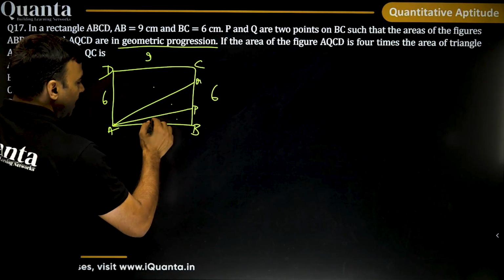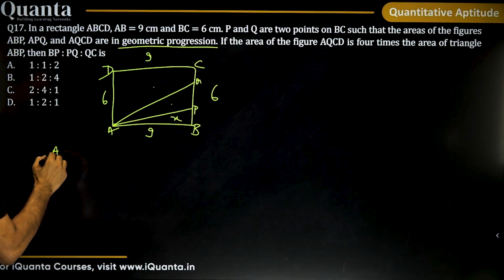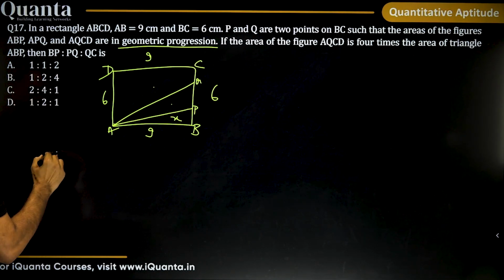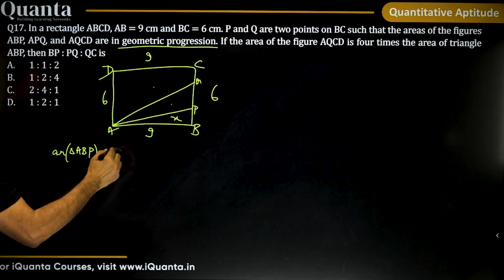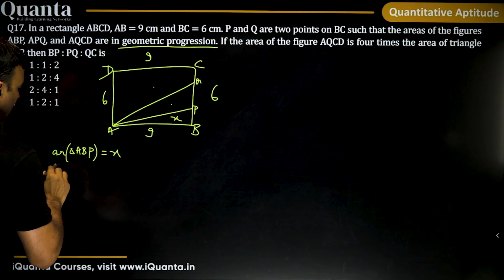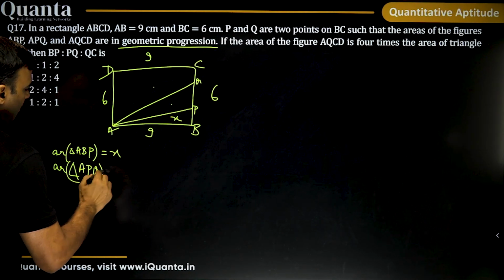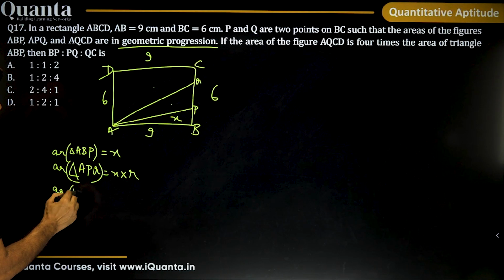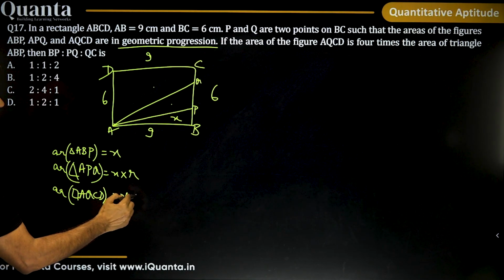So if I take the area of triangle ABP as X, then the area of triangle APQ can be taken as X into R, R is a common ratio, and the area of quadrilateral AQCD can be taken as X into R square.